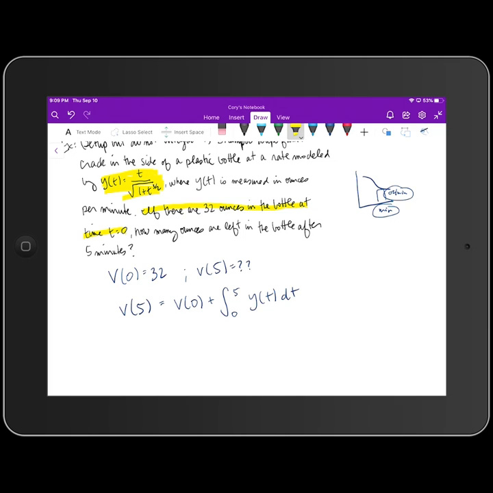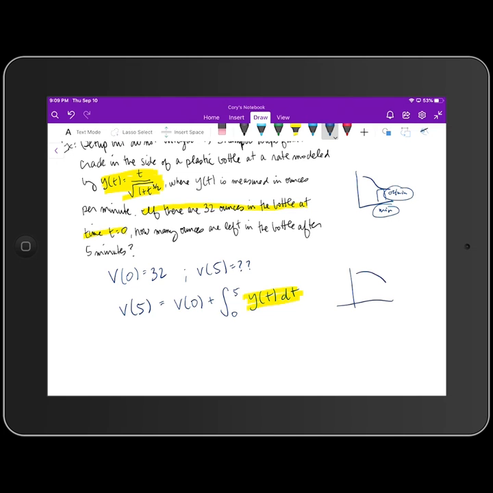Okay, so when we have this integral set up, if y of t is positive, that means that the graph lies above the x-axis. When we take that integral, the integral from 0 to 5 of y of t, you're going to have a graph that lies above the x-axis.